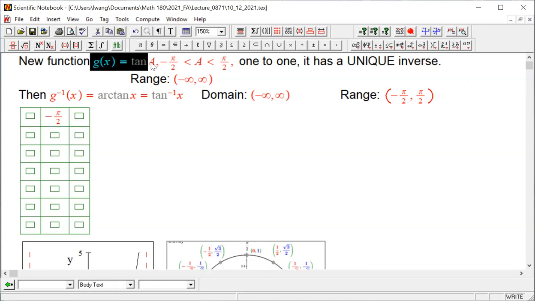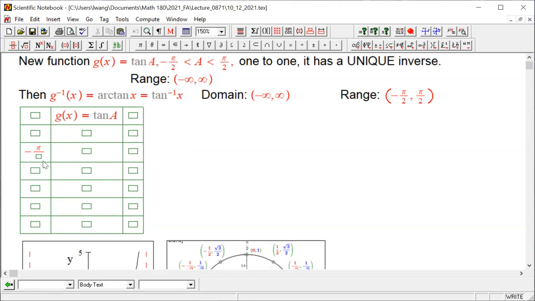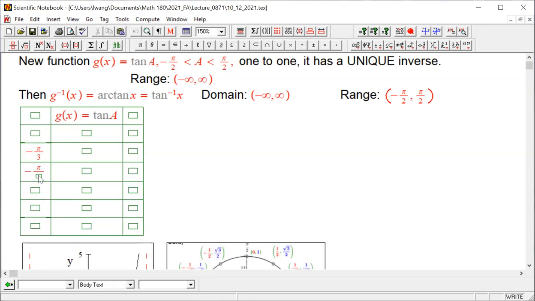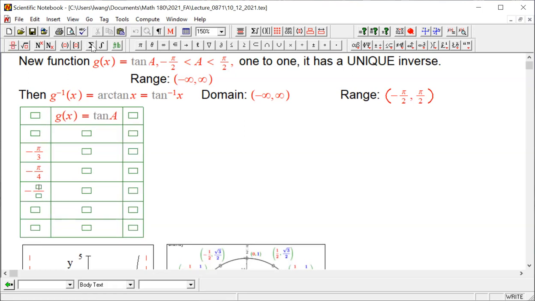Okay, so for G, I'm going to give you some input. These inputs are negative pi over 3, negative pi over 2, negative pi over 4, negative pi over 6.